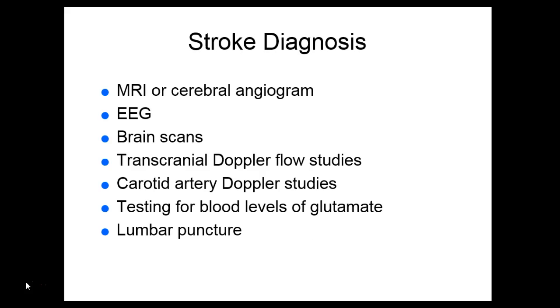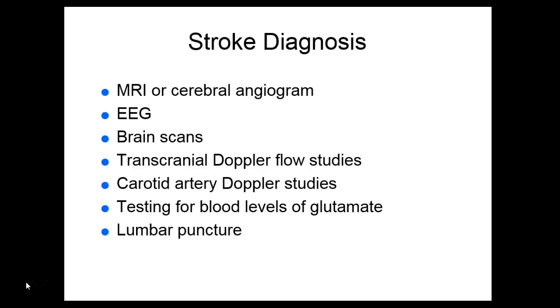How is a stroke diagnosed? It is diagnosed by an MRI or a CAT scan. An EEG could be performed. They may do transcranial Doppler flow studies and carotid artery Doppler flow studies to see if the circulation in the arteries is patent.